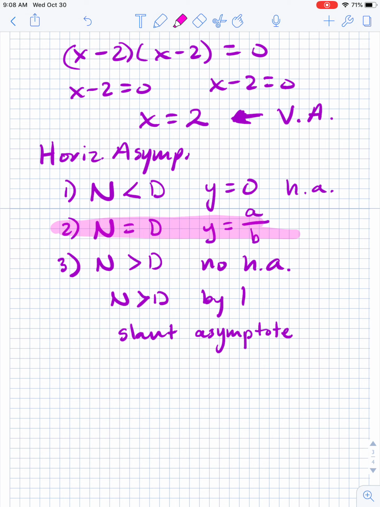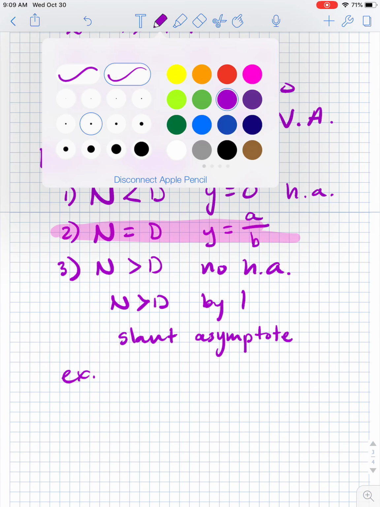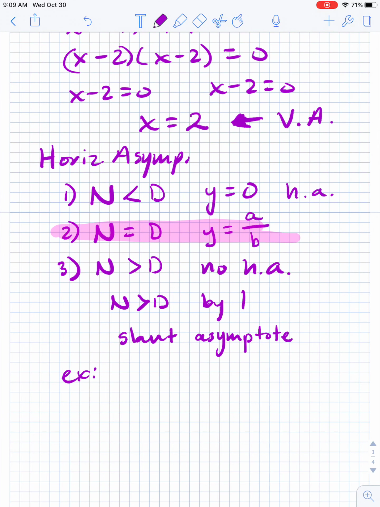Okay, so for our current example, y is equal to 1 is the horizontal asymptote. Okay. All right.